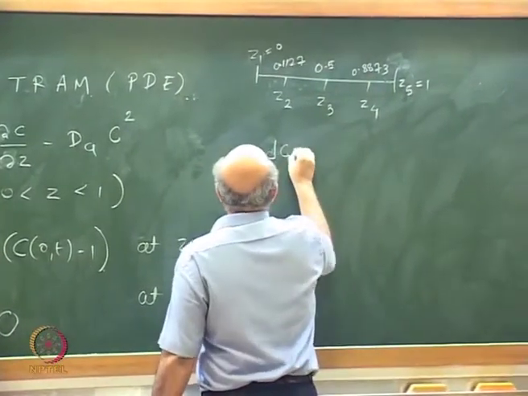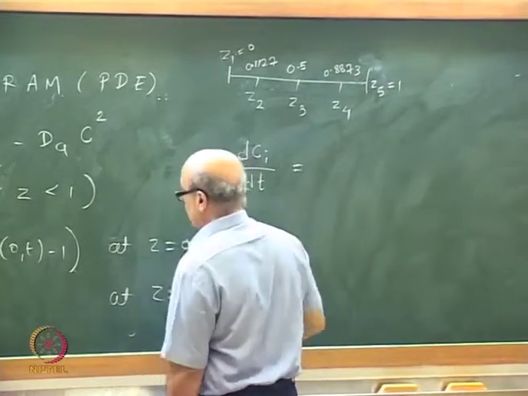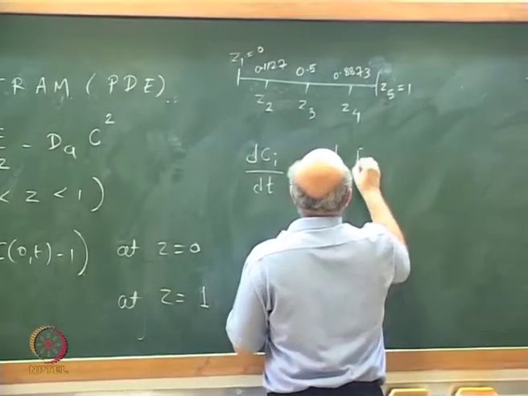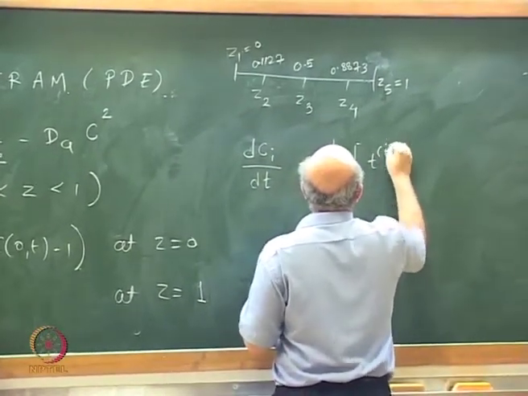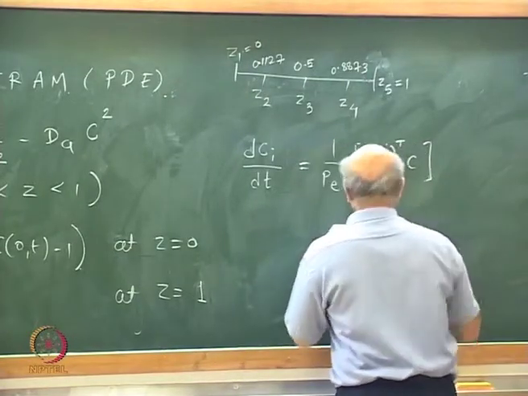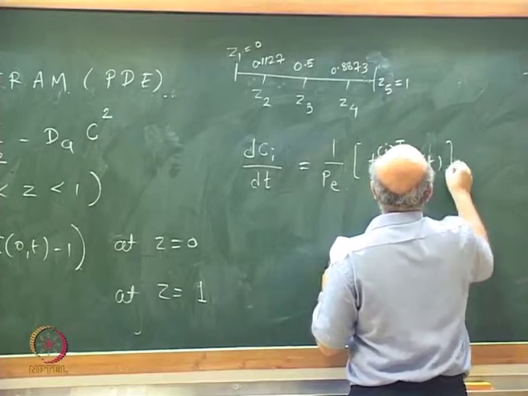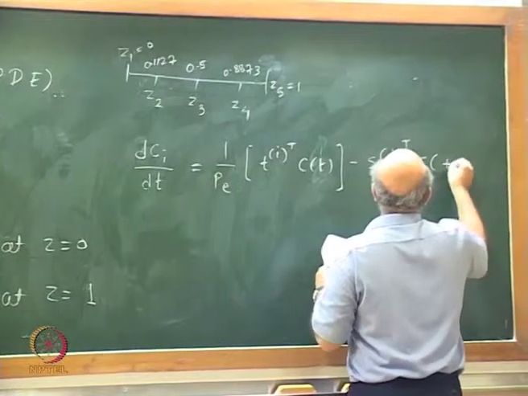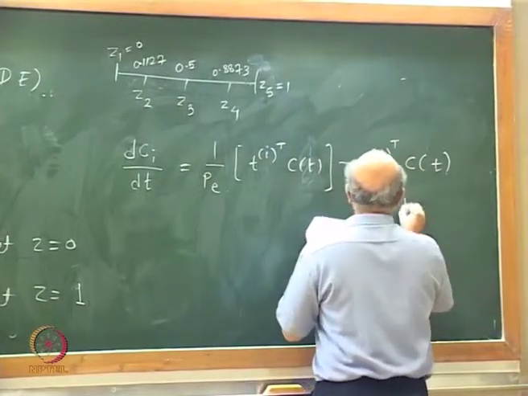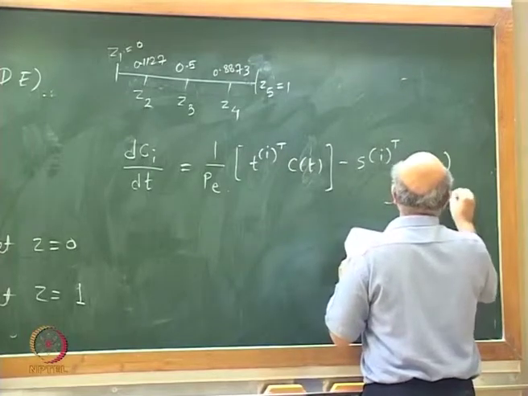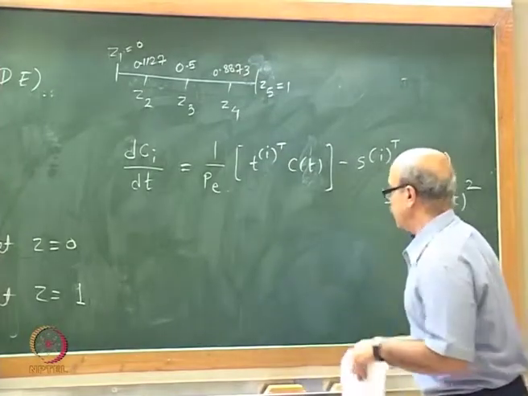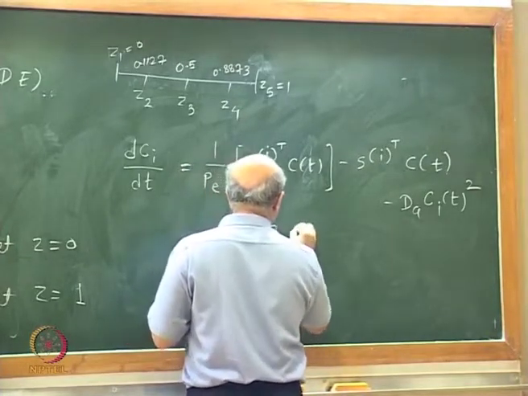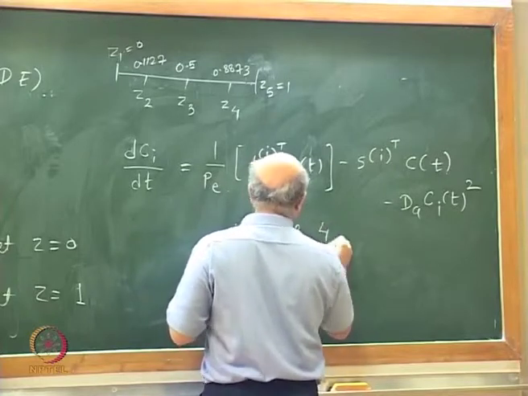dCi by dt is equal to 1 by Peclet number into Ti transpose Ct minus Si transpose Ct minus dA Cit square, with i going from 2, 3 and 4.